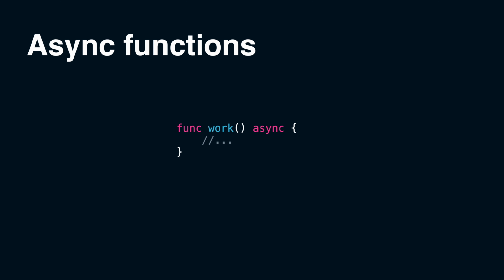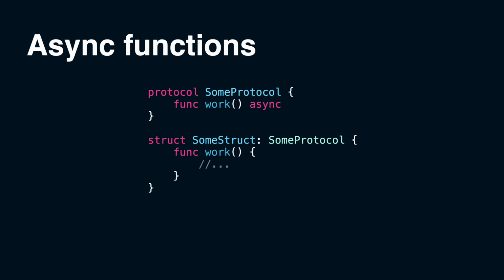suspended. It may seem counterintuitive, but ordinary synchronous functions can work as asynchronous functions, but not the other way around. Asynchronous functions can be suspended, but they might not always be. Therefore, the compiler can treat a sync function as an async function that simply never suspends. For example, an async protocol requirement can be implemented with a sync method. The reverse, however, is not allowed.